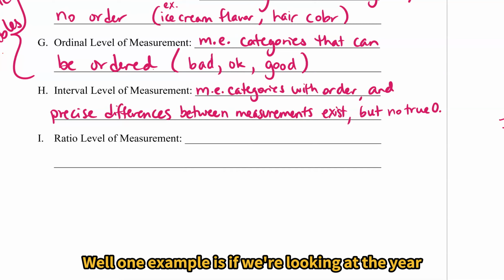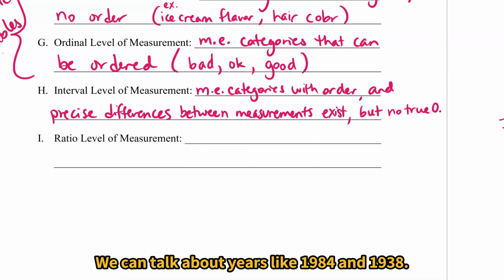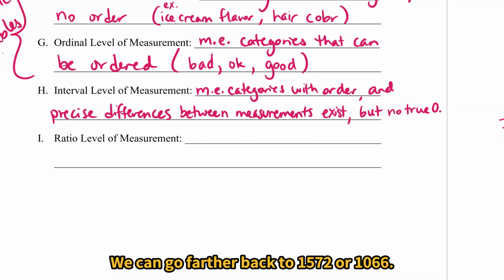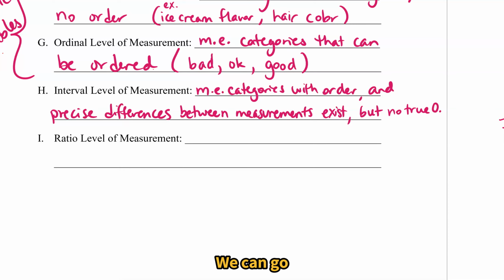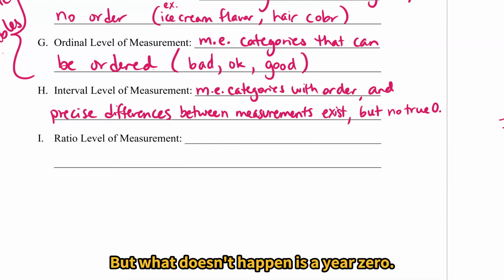Well, one example is if we're looking at the year numberings, like 2021. We can talk about years like 1984 and 1938. We can go farther back to 1572 or 1066. We can go even farther back and talk about 3000 BC. But what doesn't happen is a year zero.